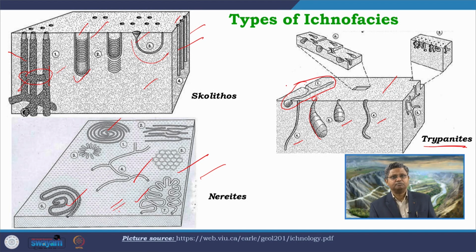So materials are removed from there and organisms can come down over here and stay there. So Trypanites, another ichnofacies indicating hard ground condition, indicates a completely different kind of condition in terms of substrate, in terms of energy, and in terms of the organisms which are responsible for making this kind of structure.